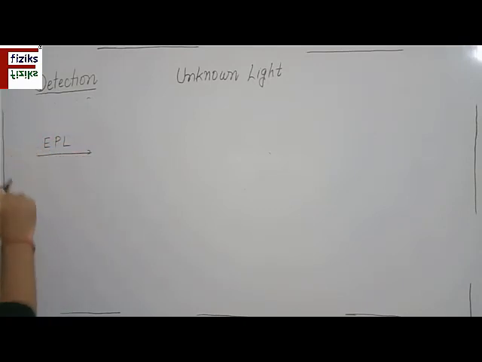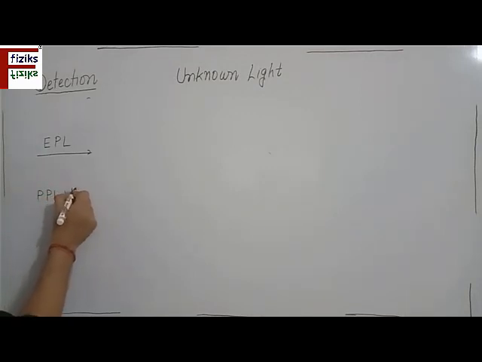The unknown light is either elliptically polarized light, or a mixture of PPL plus unpolarized light, or a mixture of elliptically polarized light plus unpolarized light.